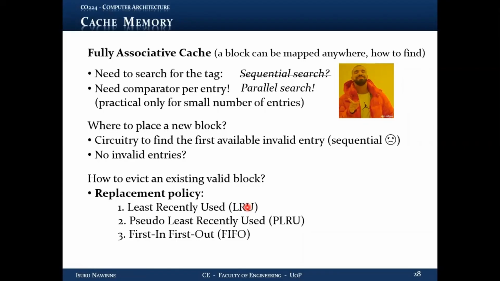If you don't want to lose any locality based time improvements, then LRU is there. Or PLRU if you want to get a good performance with a relatively simpler controller, less power, less costly hardware. Or if you want a very cheap hardware with a little bit less performance, FIFO is a good option. So those are what we practically see, and the first one is actually ideal, but not seen in practice a lot.